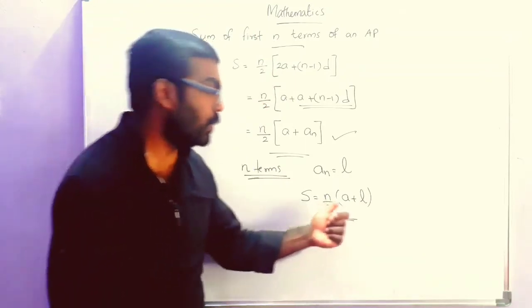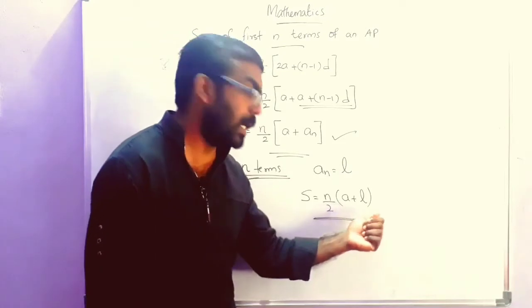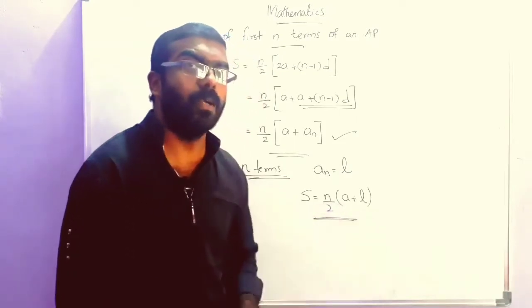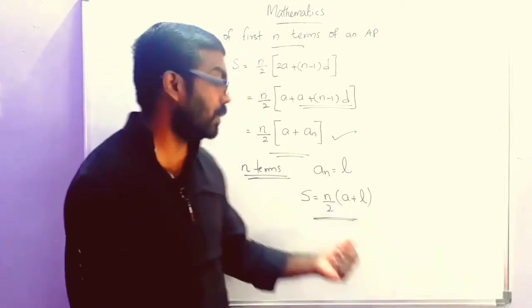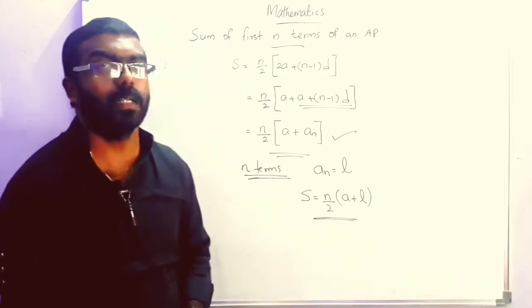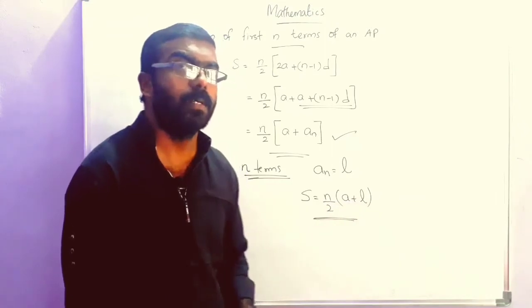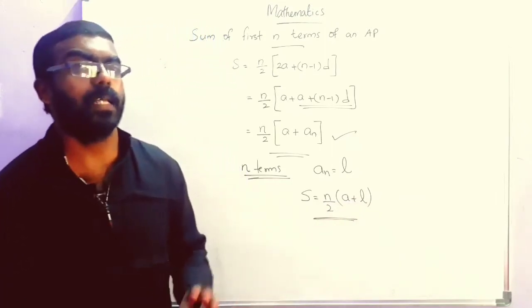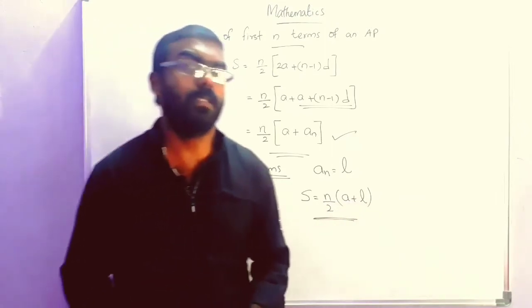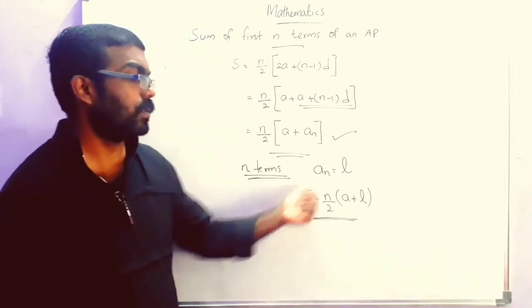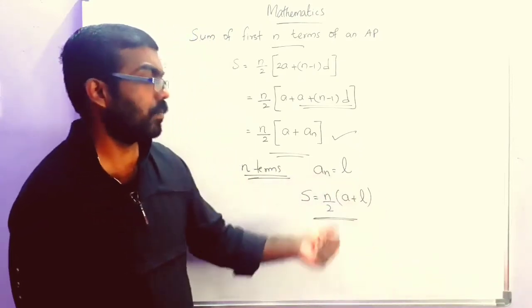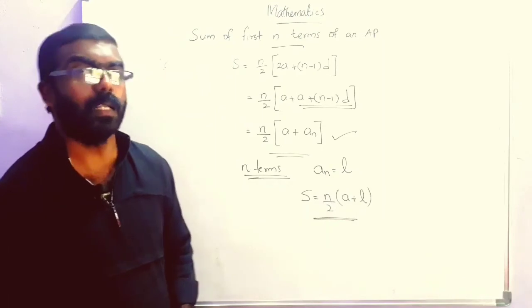Understood? So if we know the first term and last term and we don't know the common difference, then we can use this result. A means the first term and L is the last term. So if we know the first term and last term and we don't know the common difference, then we can find the sum using this formula S is equal to n by 2 into A plus L.